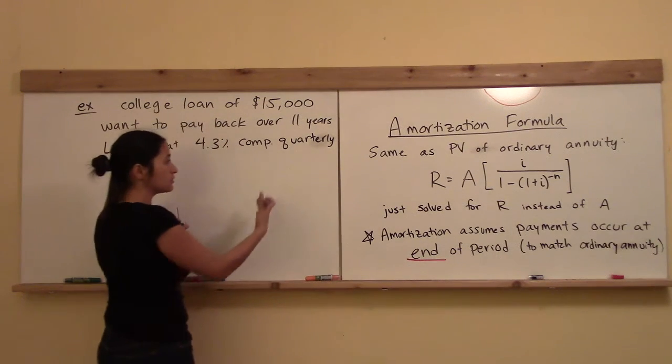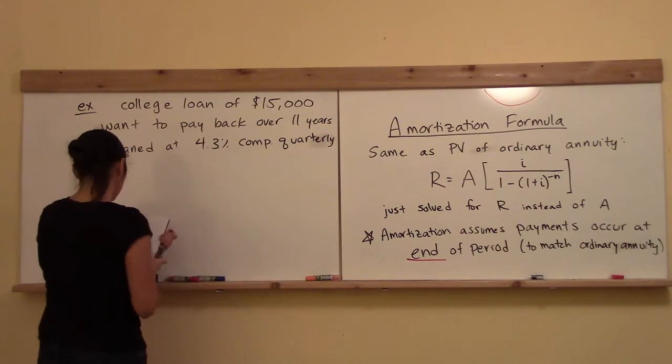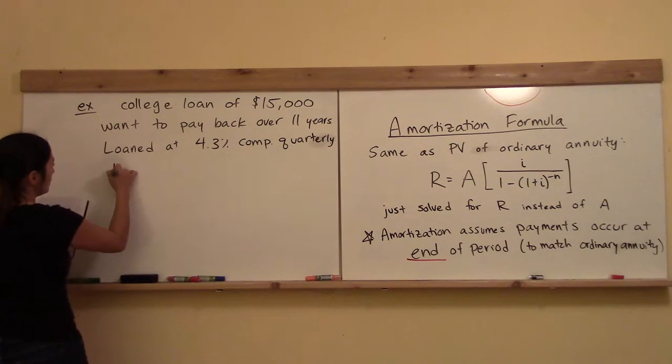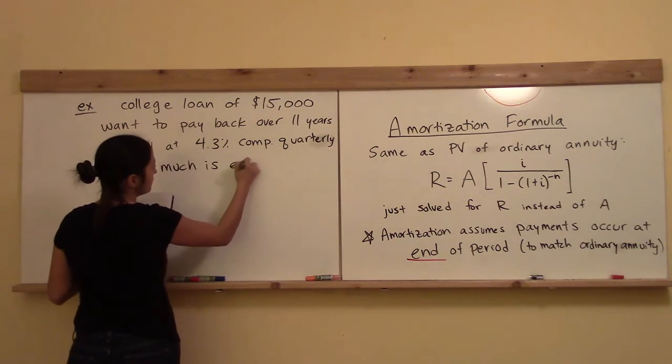So if it's compounded quarterly, I have to pay it back quarterly, monthly would match monthly, etc. I'm going to be making these payments quarterly, and the question is, how much is each quarterly payment?